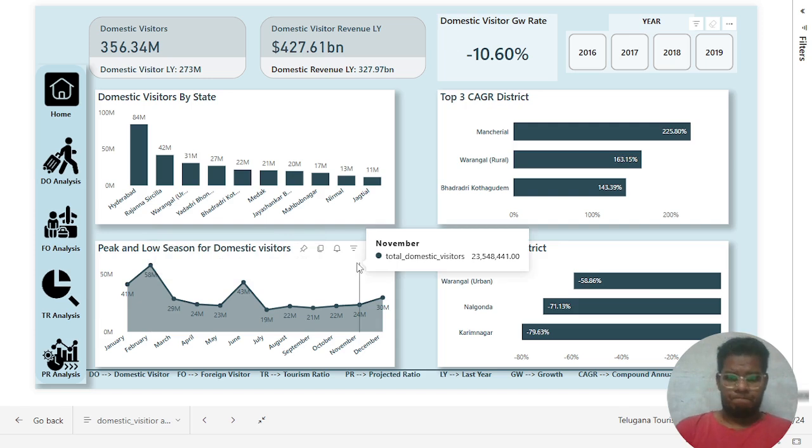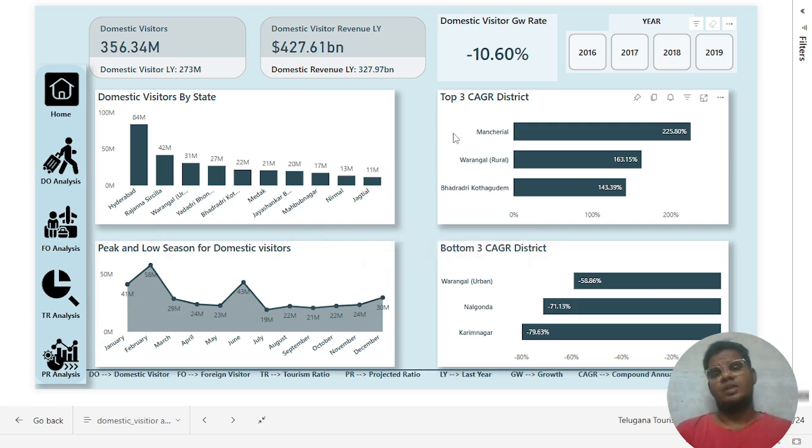And then the top three CAGR districts, right? CAGR is nothing but the compound annual growth rate, and it is measured by comparing the present year with the previous year, how much the growth is compared to the previous year. And then Mancherial, Warangal Rural, Bhadradri Kothagudem.